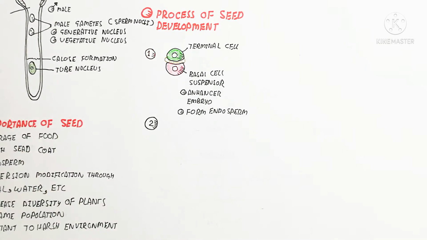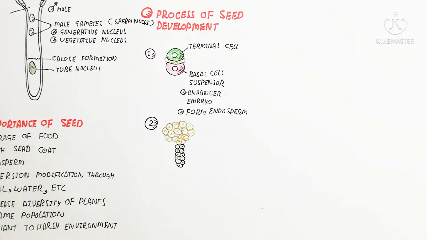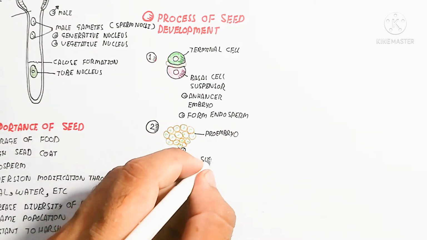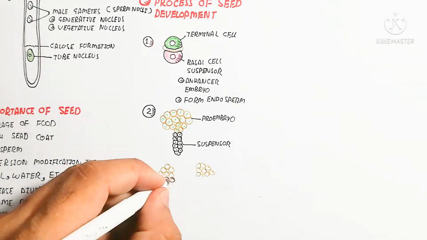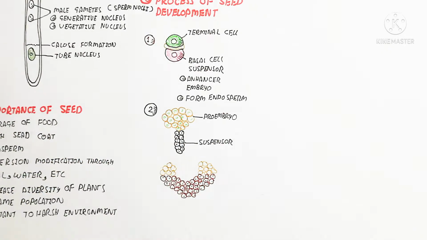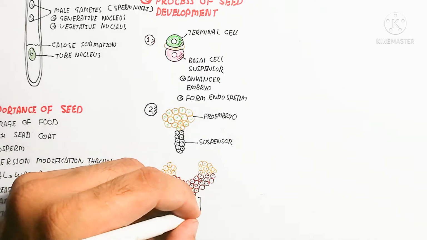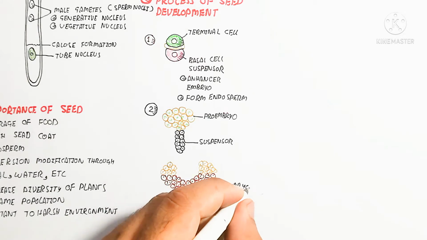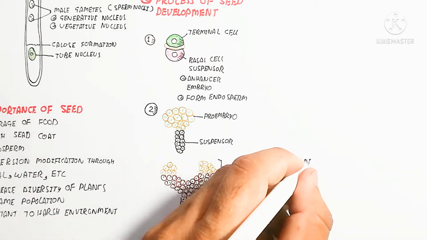Number two, the proembryo is formed. Pro means before, and embryo means the embryo, which has a diploid number of nuclei and multiple cells, and the suspensor is shown in black. The suspensor is used for the production of the root, going toward the root. Number three is the cotyledons.